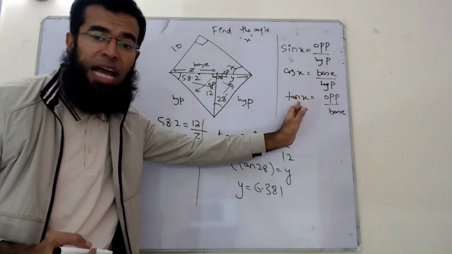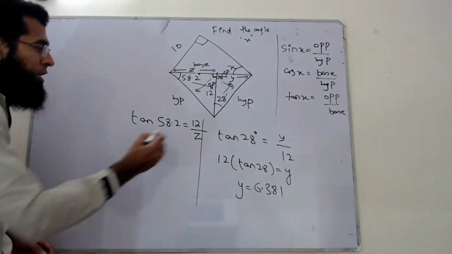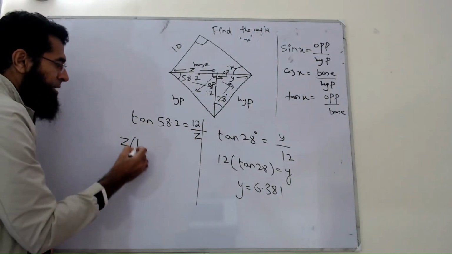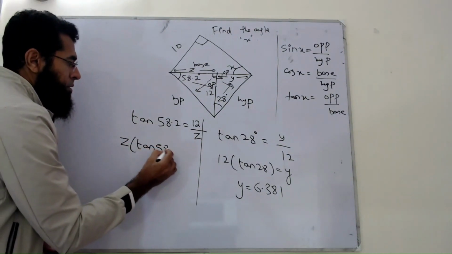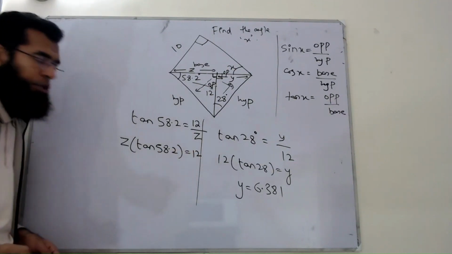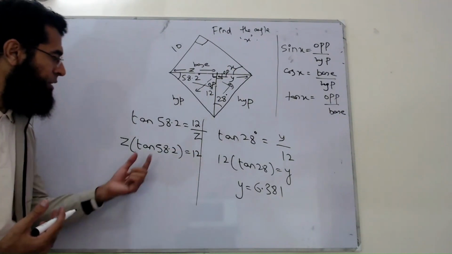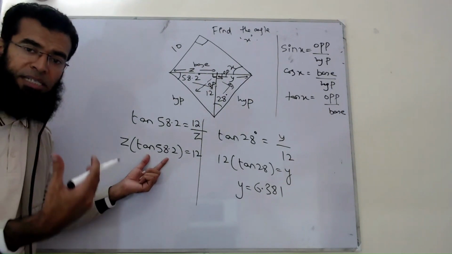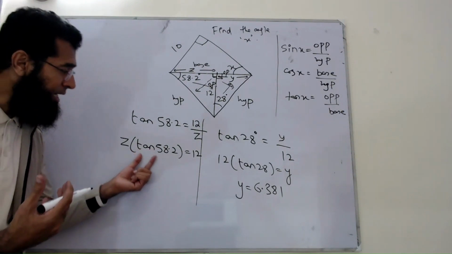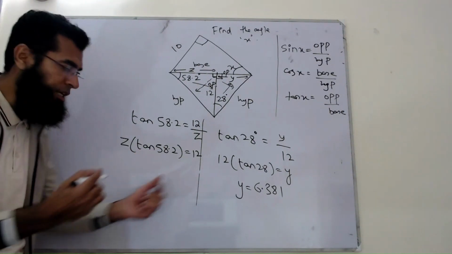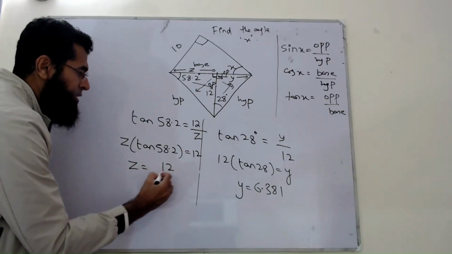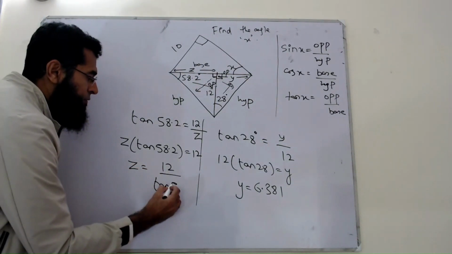So this tan x is our trigonometric ratio to use. We cross multiply z. We know how to solve a simple equation. Tan 58.2 is just a number, a value. So as it is a multiple, it goes to the other side of the equation and divides. So z is 12 divided by tan of 58.2.